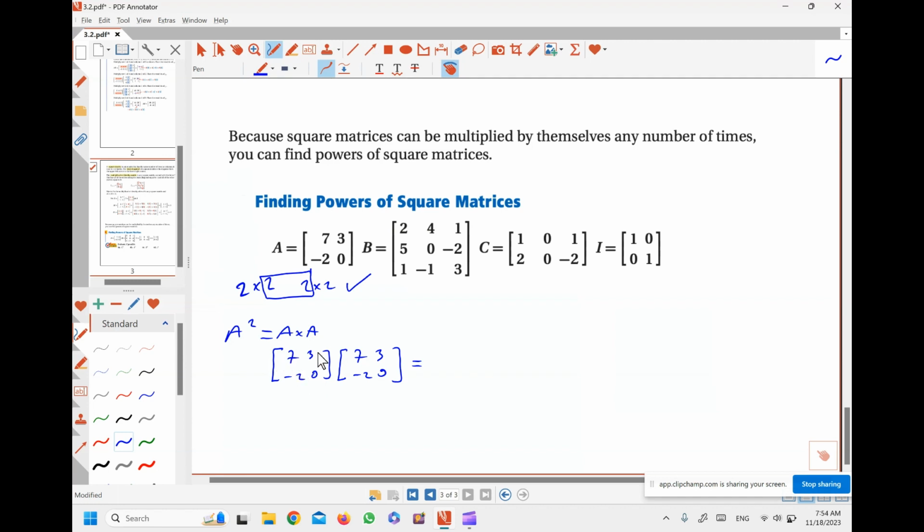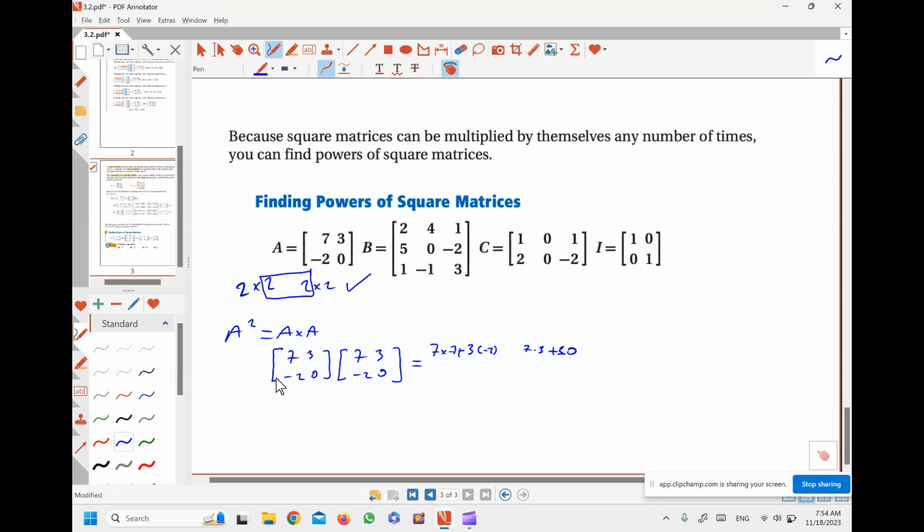We multiply rows of the first by columns of the second. So 7 by 7 plus 3 by negative 2. For the second entry, first row of the first, second column of the second, 7 by 3 plus 3 by 0. We are done with the first row.